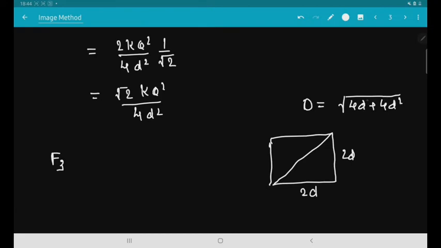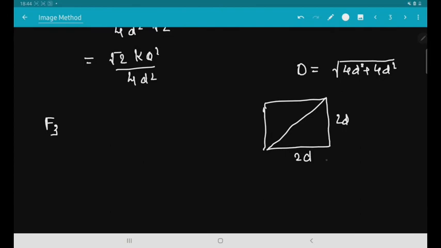That means the diagonal will be equal to D coming outside, and we will have root of 4 plus 4, that is 8. That means it will be 2D into root 2. The diagonal will be this much.